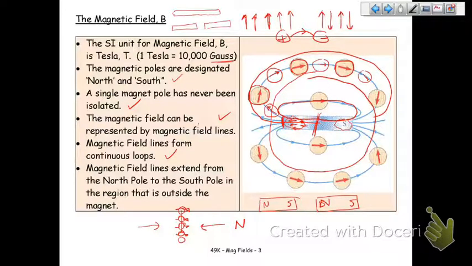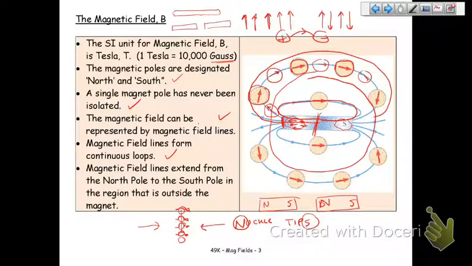Tips. South Pole, knuckle, North Pole. We ignore the knuckles in this. So, you point in the direction of your external field, north to south.